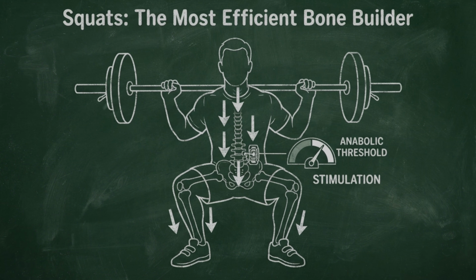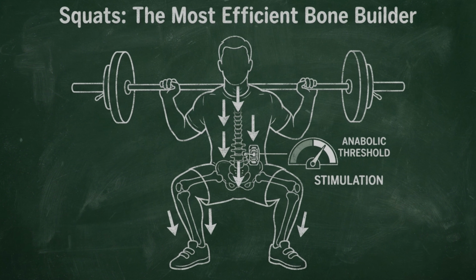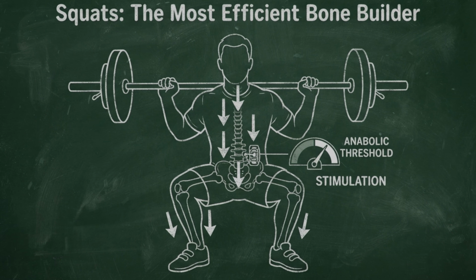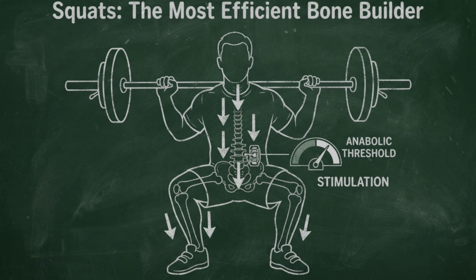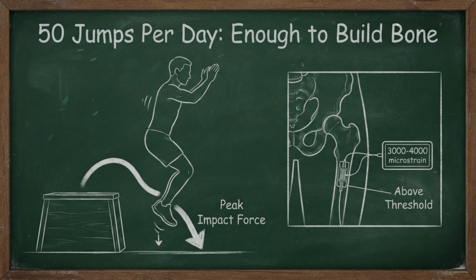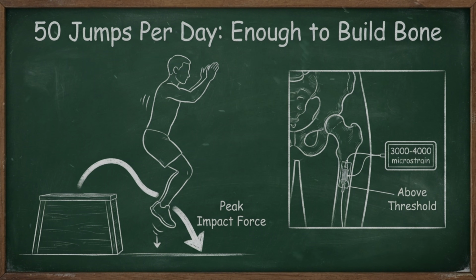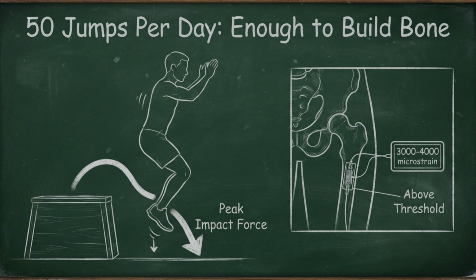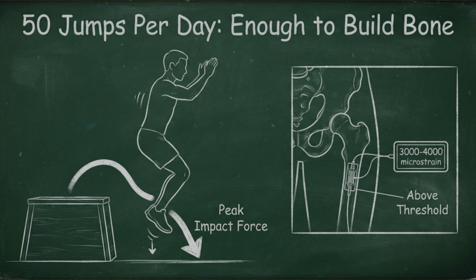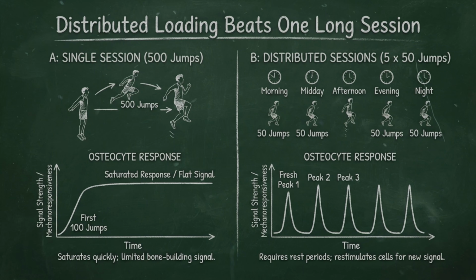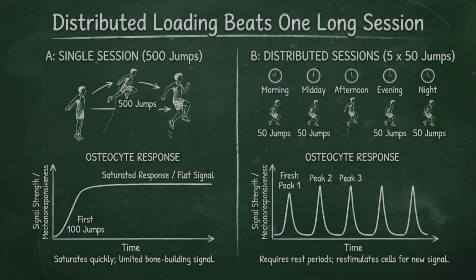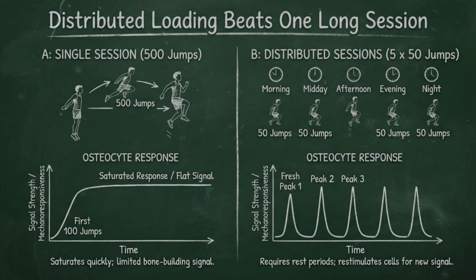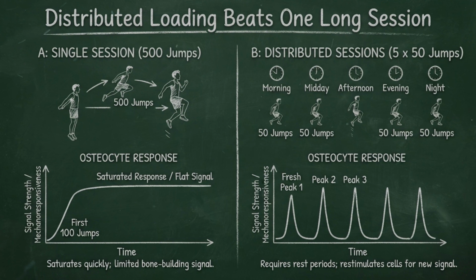The protocol that the bone biology research supports is specific enough to describe in precise terms, which most bone health content does not do, because it is written at a level of generality that does not require confronting the specifics of the mechanostat or the canalicular fluid flow mechanism. 3 times per week, a session that includes high strain, high rate loading of the lumbar spine and proximal femur.